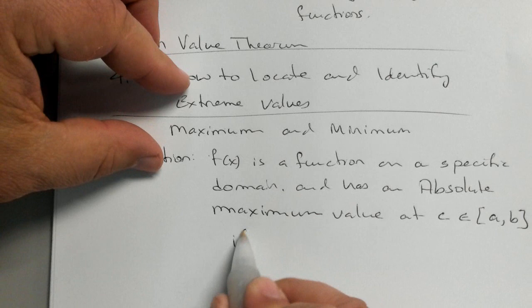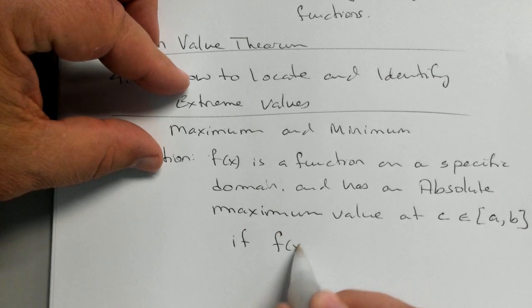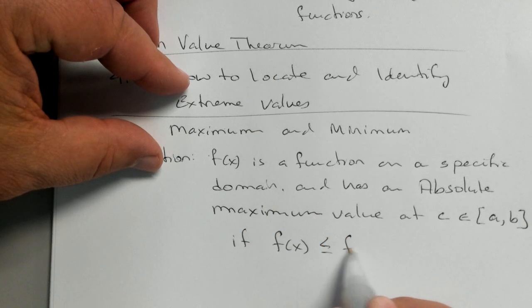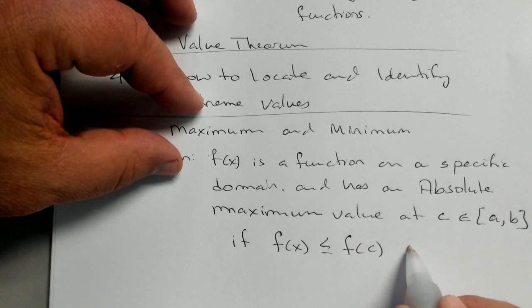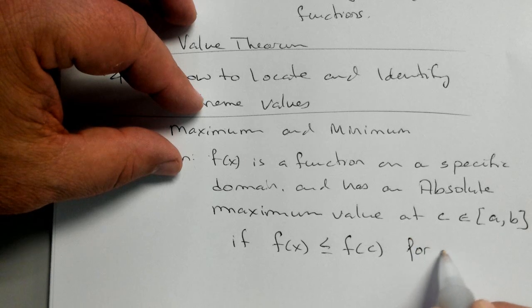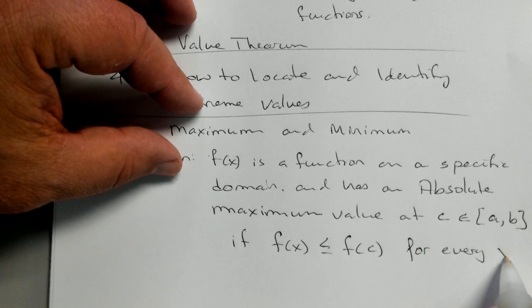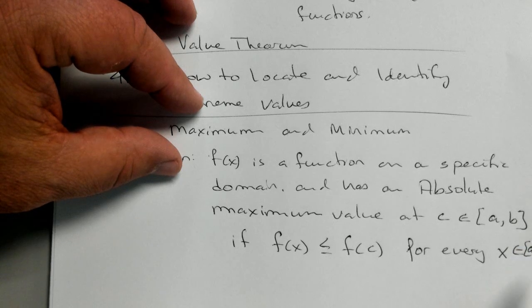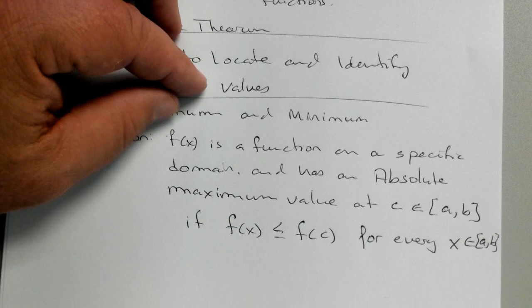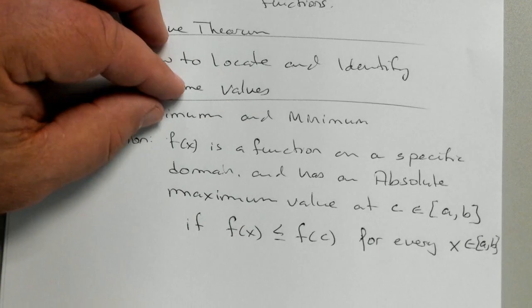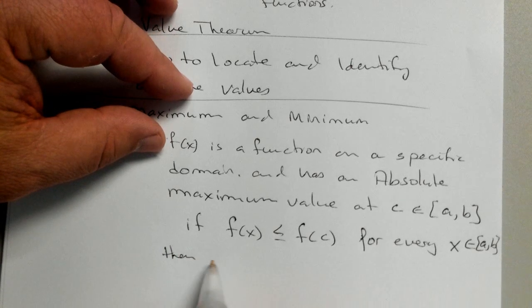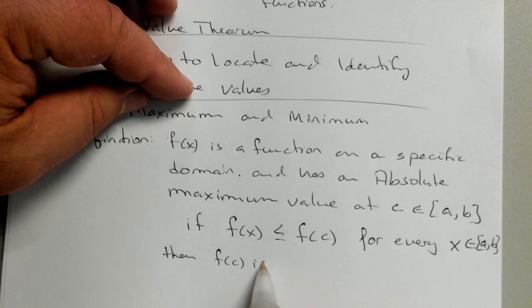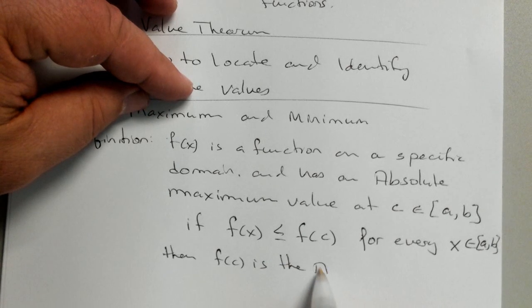So the maximum, if f of x is less than or equal to f of c, for every x in the domain AB, then f of c is the absolute max.